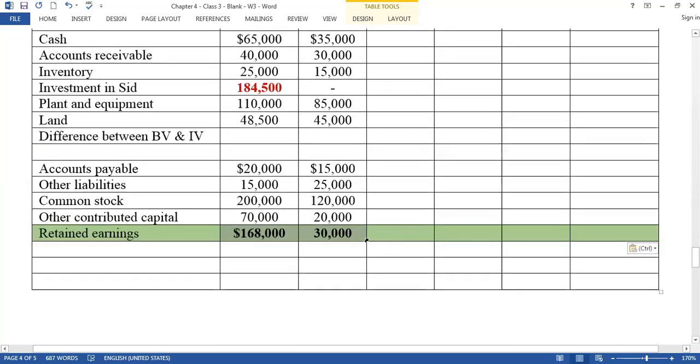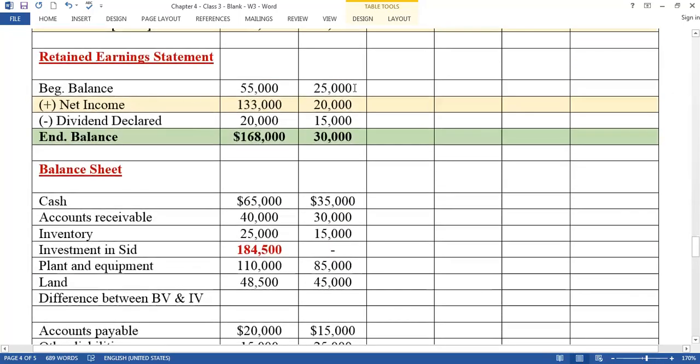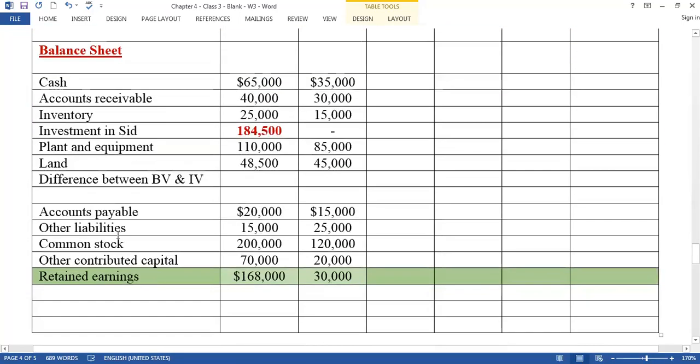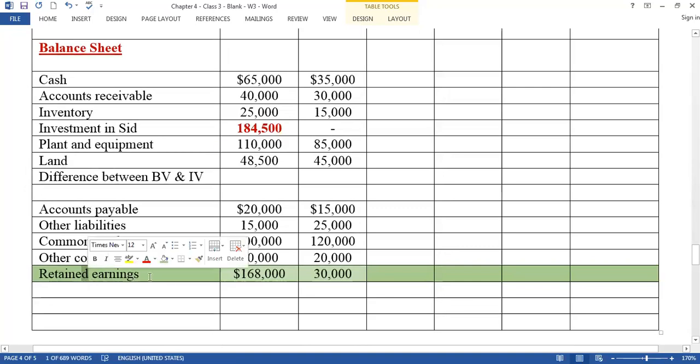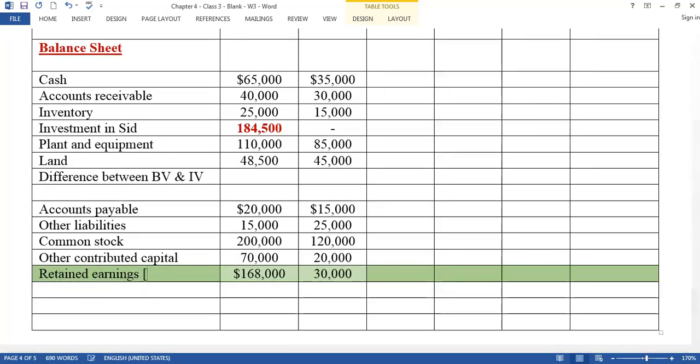Do you have any question up to here? So this is not the beginning retained earnings. Don't forget that. Beginning retained earnings is here. Okay. And under the balance sheet, we should have ending retained earnings. I can note it here. End balance.